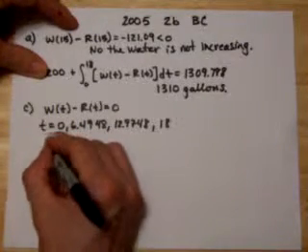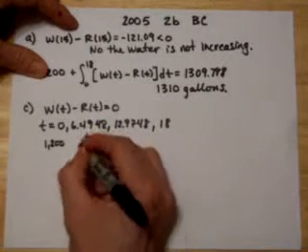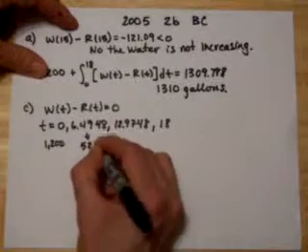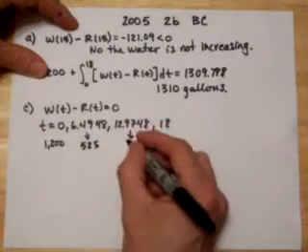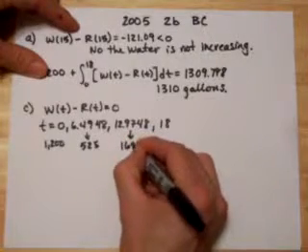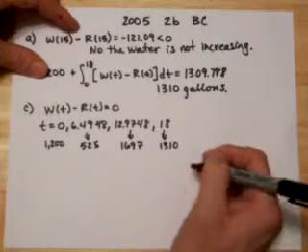At 0, it's 1,200. At this one, at 6.49, it's 525 gallons. At 12.97 hours, it's 1,697 gallons. And at 18, it's 1,310 gallons.